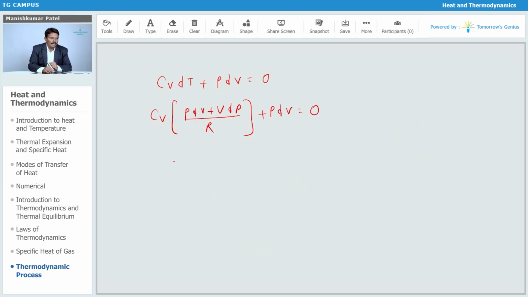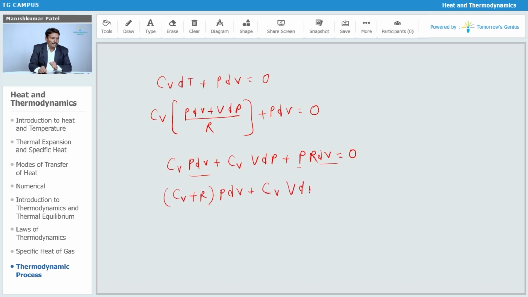Simplify it: Cv P dV plus Cv V dP plus P R dV is equal to 0. Take P dV common: (Cv plus R) P dV plus Cv V dP is equal to 0.